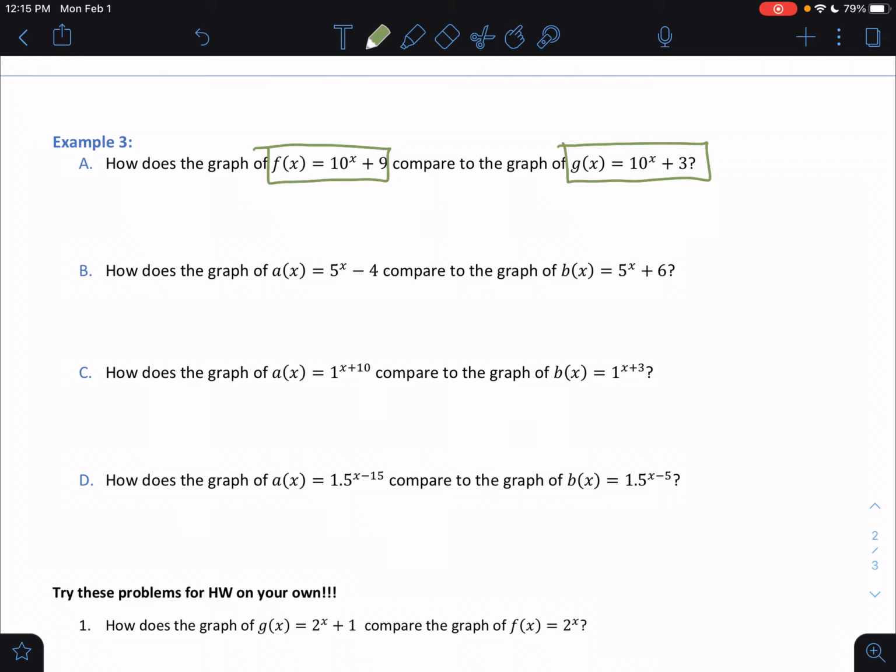So here we have f of x equals 10 to the x plus 9 and g of x equals 10 to the x plus 3. I'm just going to do a little sketch here to the side. And I know that my first one goes up 3 units, and then my second one goes up 9 units.